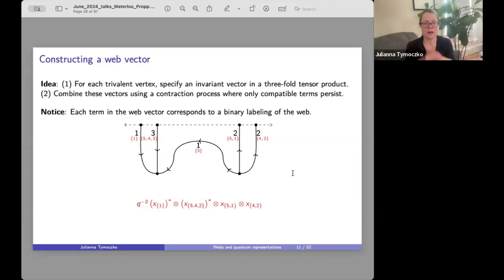So here in red, one possible term in this overall web vector is coming from this binary labeling that you see at the bottom in red. I will generally just use binary strings to remember how many of my basis vectors are wedged together.